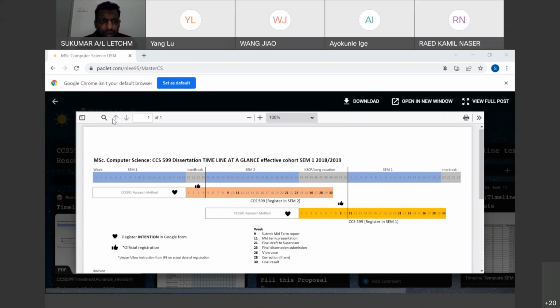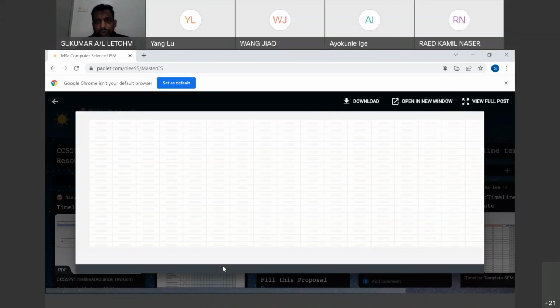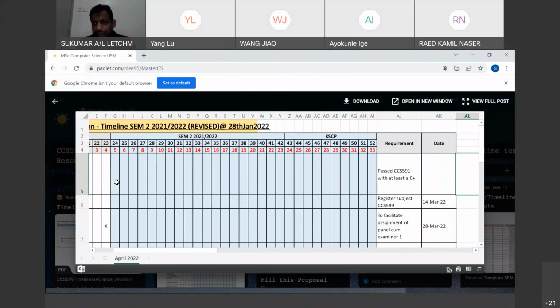But to make your life easier, I made a timeline based on the academic calendar for your semester. This timeline you need to follow closely. If you look, I already mentioned it: identify your research title, and then in week 1, what is the date for that? All of it is very clear, and I made it here.